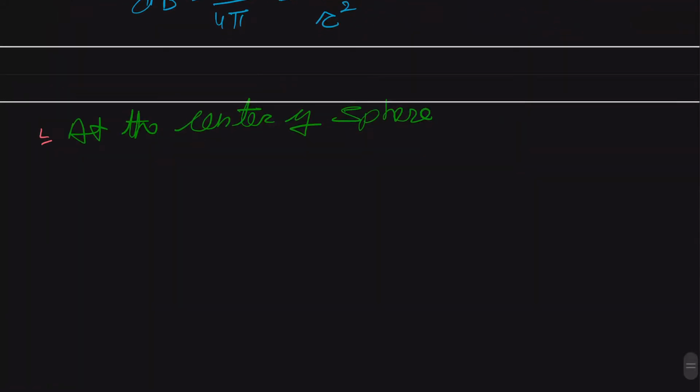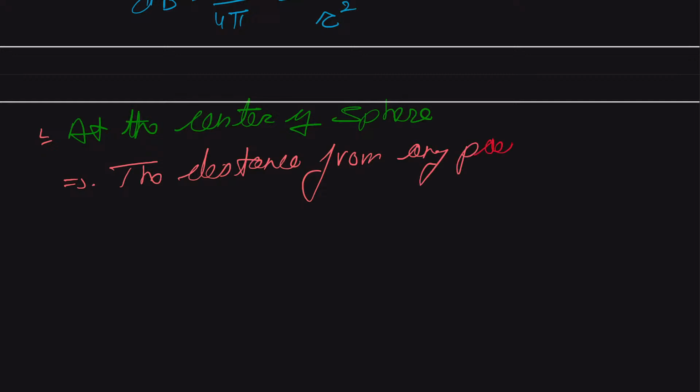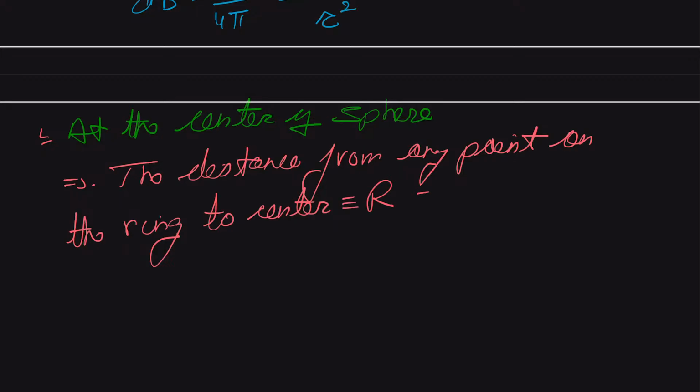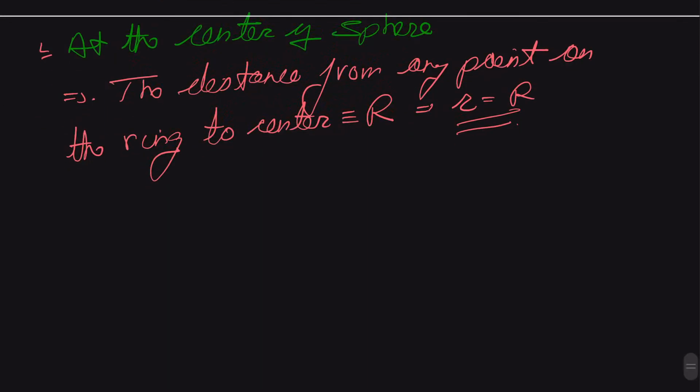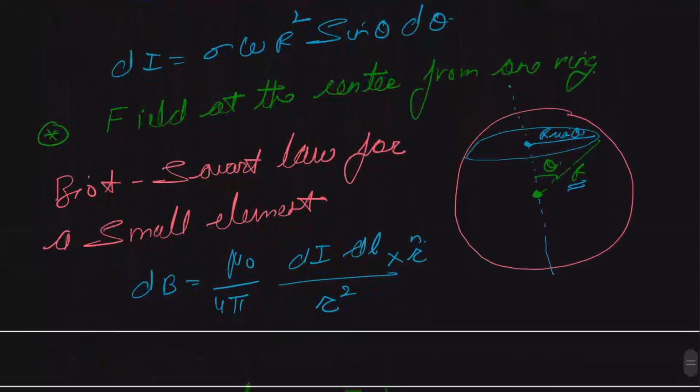So at the center of the sphere, the distance from any point on the ring to the center is capital R. Therefore this small r will be equal to our capital R. And if you talk about the direction of the magnetic field, it will always be perpendicular.